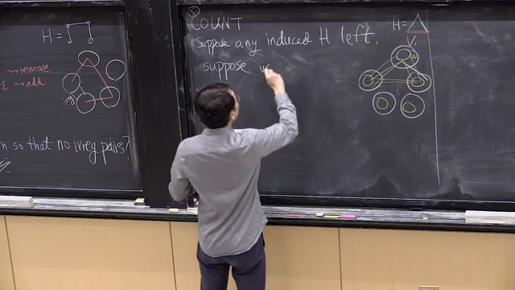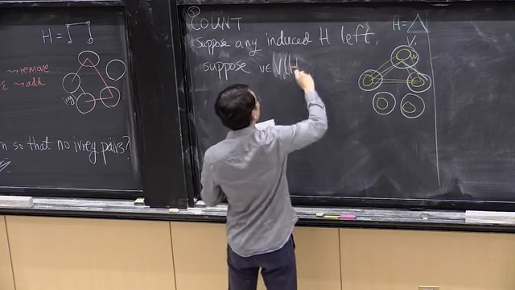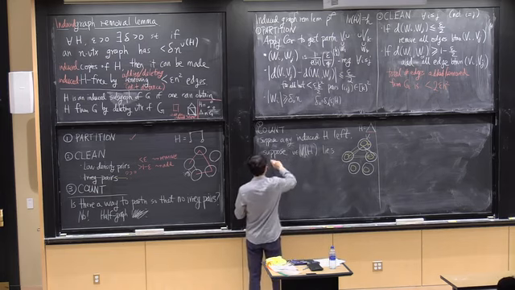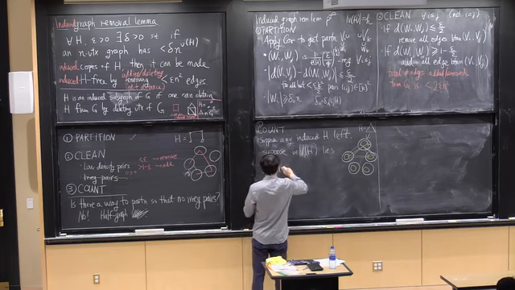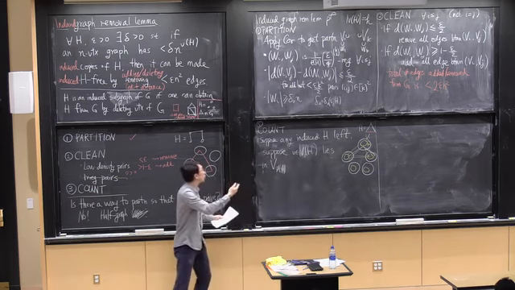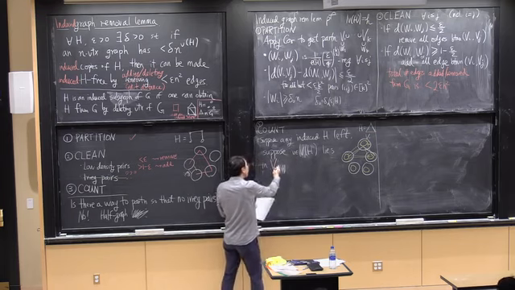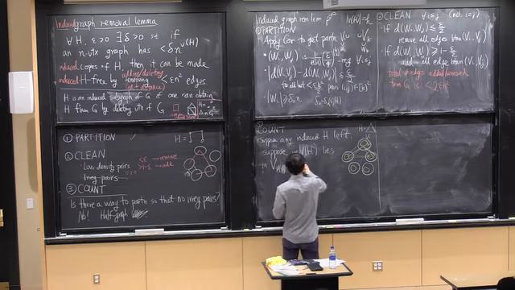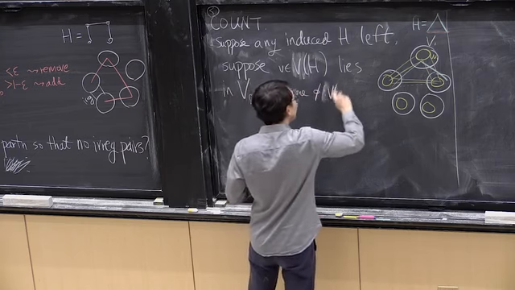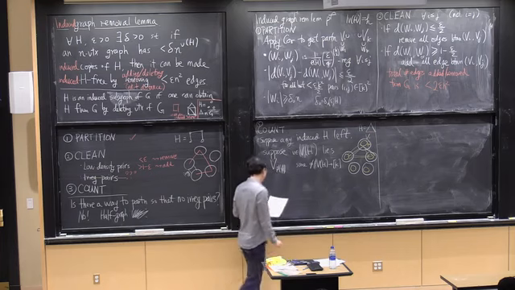Suppose the little v's lie in, so I'm just indexing where little v lies. So little v lies in big V sub phi v for some phi which sends the vertices of H to 1 through k.